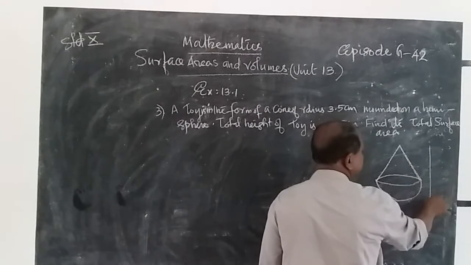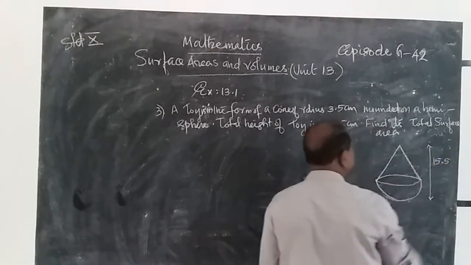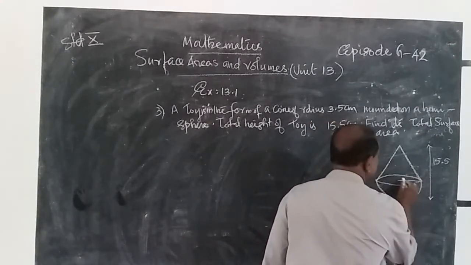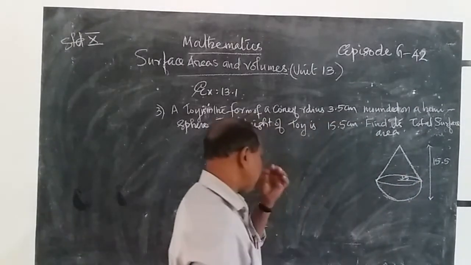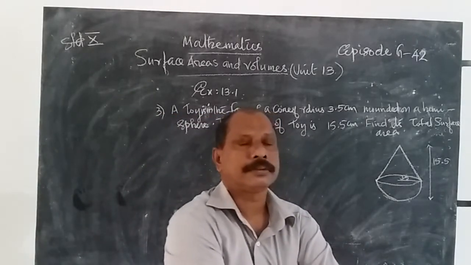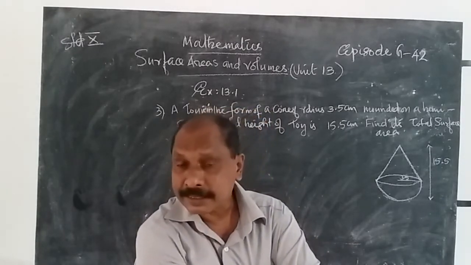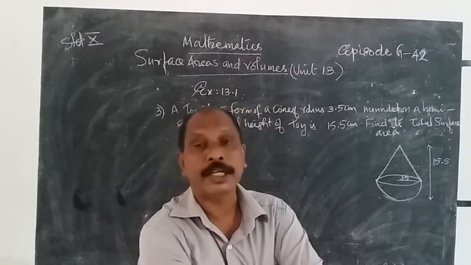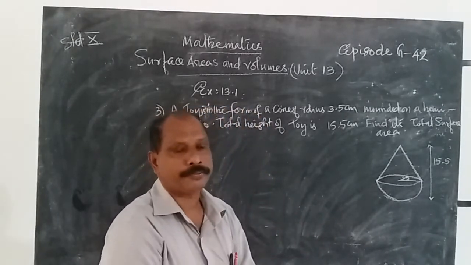Total height is 15.5, the radius is 3.5. The total surface area of that one is what? The curved surface area of the cone plus the curved surface area of the hemisphere. That is the total surface area of that.